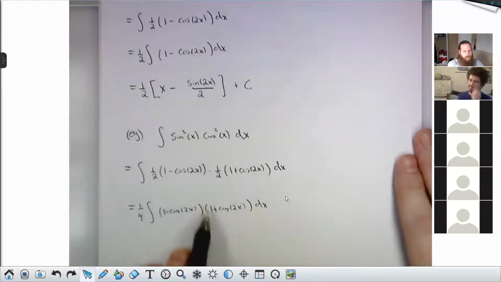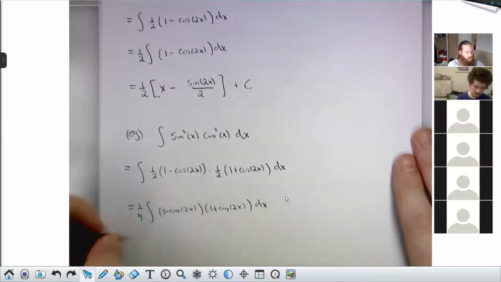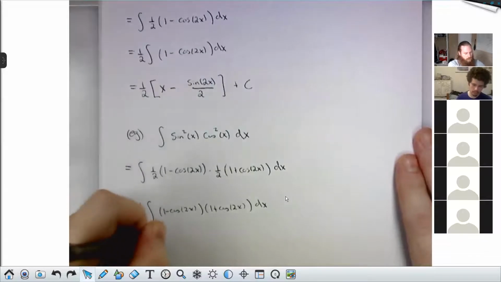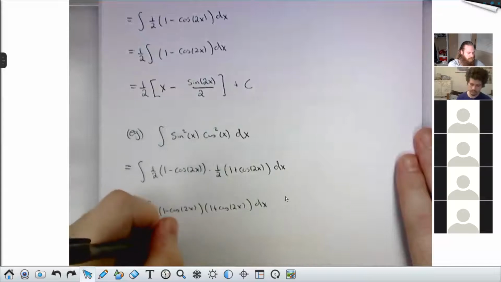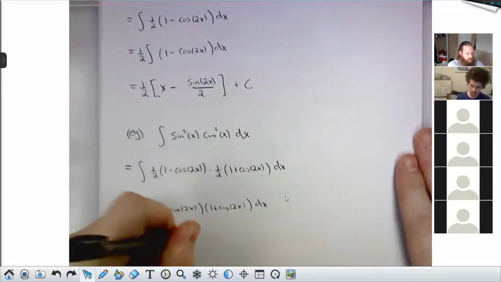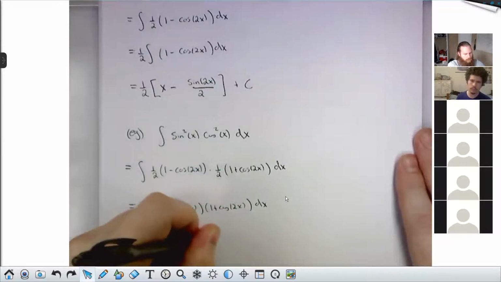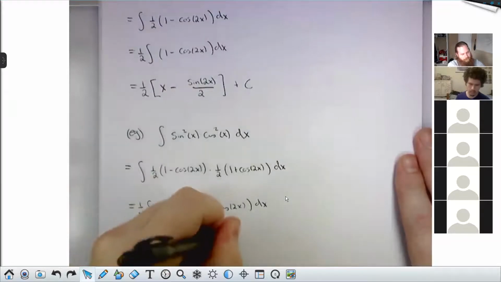Put any quantity in parentheses. Just respect the notation and you'll be fine. I'll distribute and get 1 plus cos 2x minus cos 2x, those cancel, minus cos squared of 2x dx.